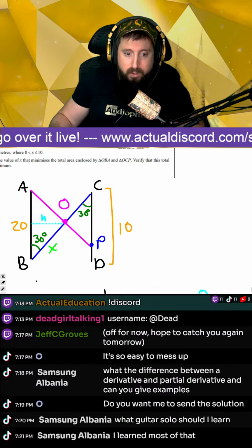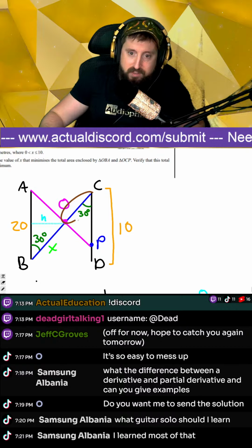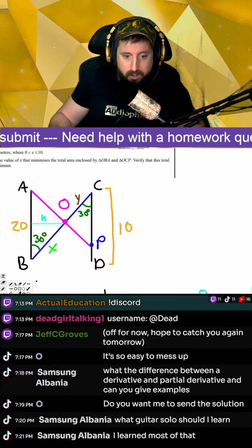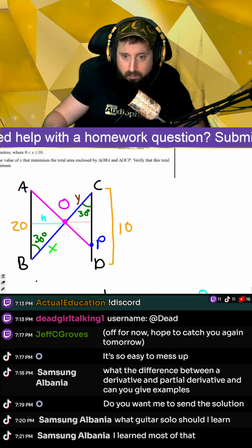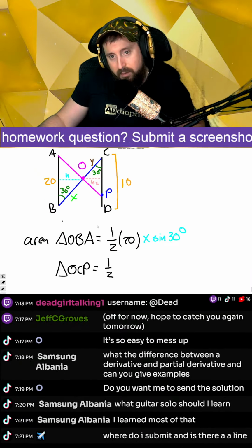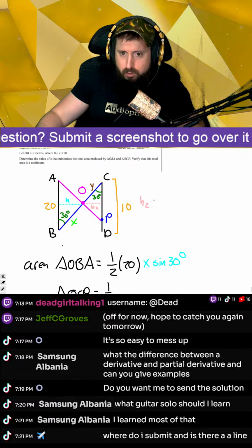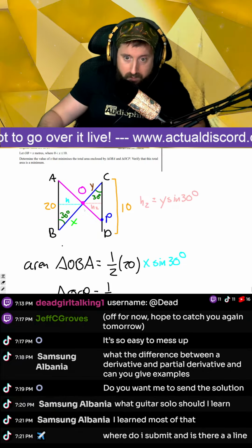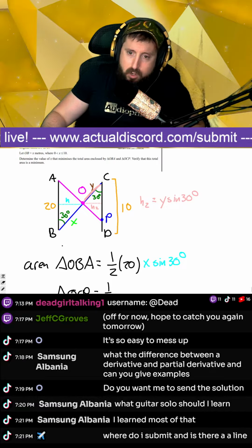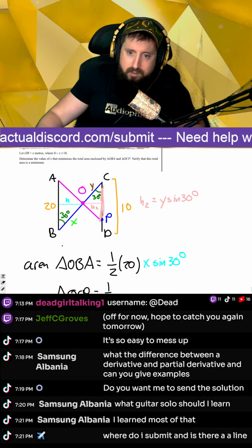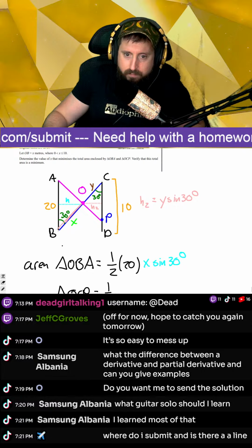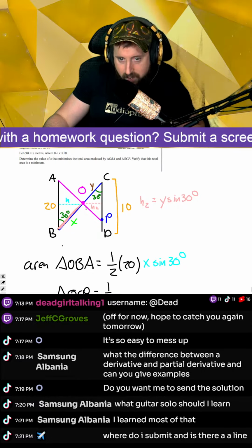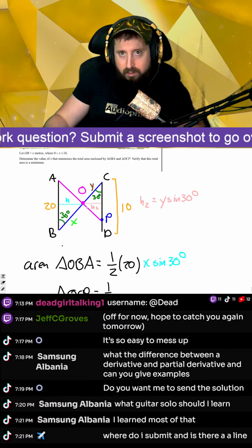So if we call this distance here y, because I need to figure out a new height, call this h2, h2 is equal to y sine of 30 degrees. But here's the cool thing. The ratio of this to this is the same as the ratio of this to this.